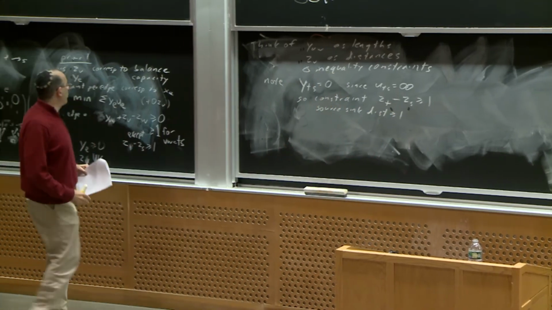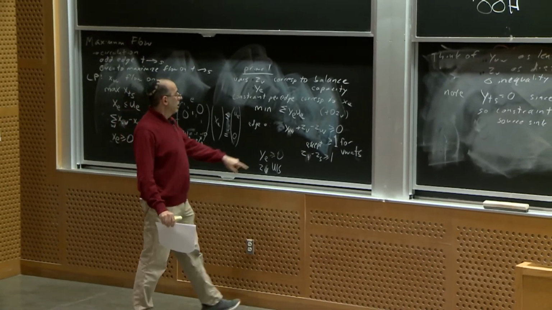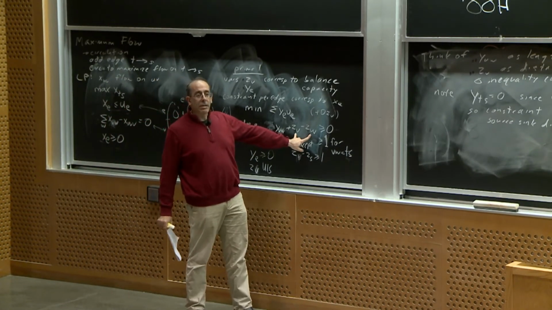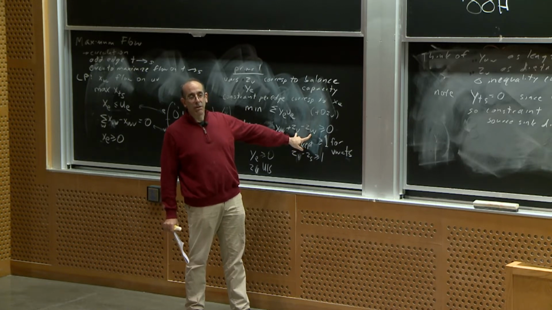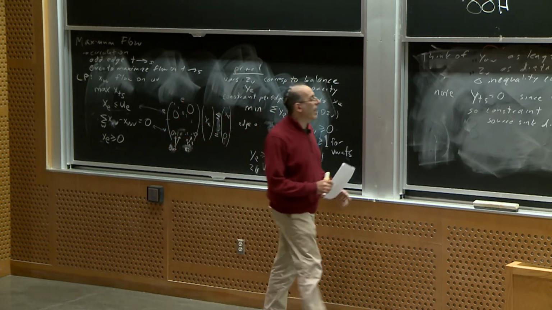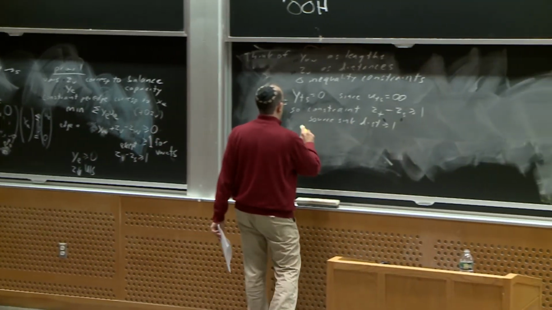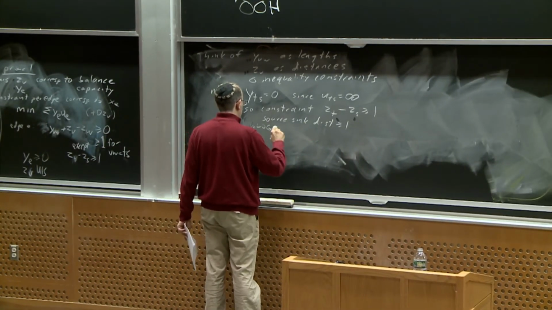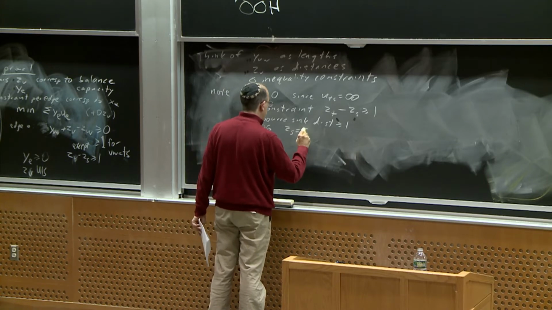In fact, you can also notice that the z's in this primal only show up subtracted from each other. So changing them all by the same constant doesn't do anything. So in fact, I can subtract z sub s from all of them and just say that z sub s is going to be fixed at 0.